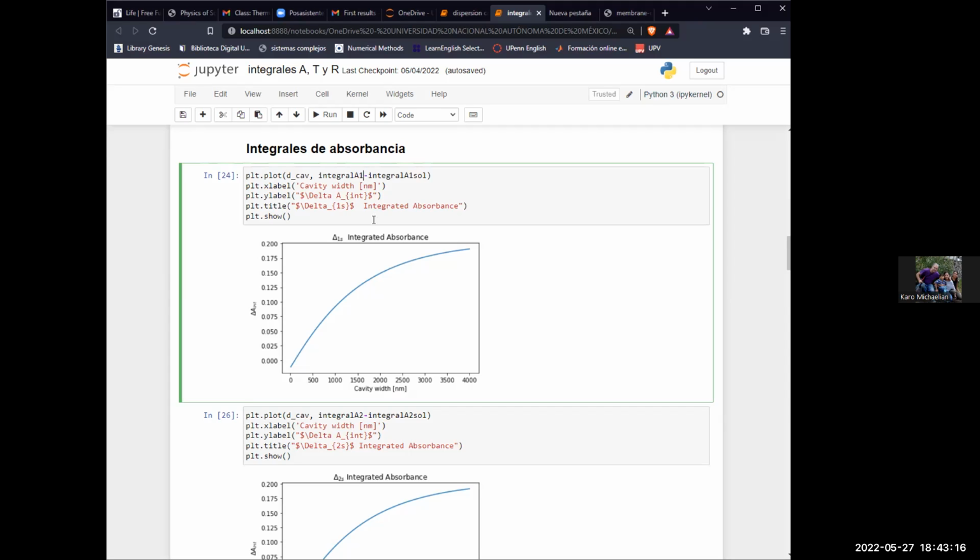Okay. And the greater the width, the greater the absorption. Yeah. In my simulation with the cavity width ranging from 10 nanometers to 10,000, this graph reaches a stationary state, I think. It stops increasing at about 6,000 nanometers.